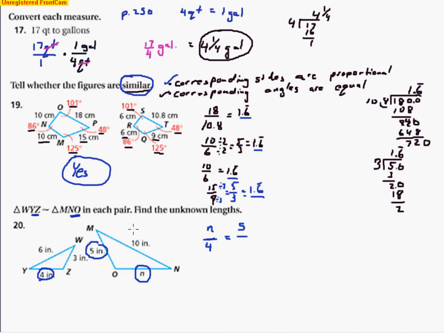Well, 5 is MO. Okay, here's M and here's O. So I need the 2 that are on either side here. So it's not the one in the middle, it's the 2 on the side. So that means it corresponds to WZ. See how WZ are in the same spot as M and O? Well, that means that those are corresponding. So 3, that's the corresponding one.